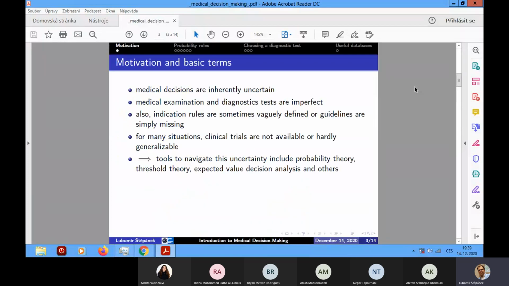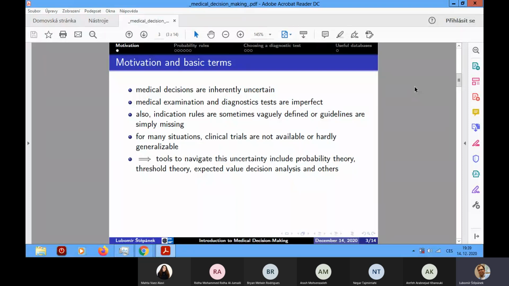For the beginning, there are some pieces of motivation and some basic terms. What is absolutely clear, and I have no doubt that you know about it, is that all the medical decisions physicians are supposed to make are by nature inherently uncertain.